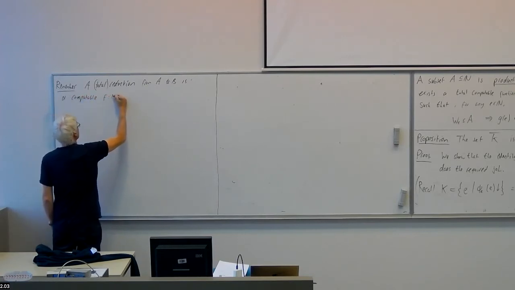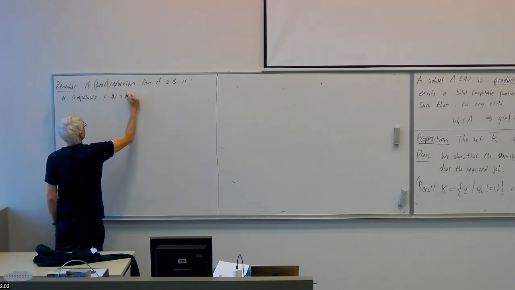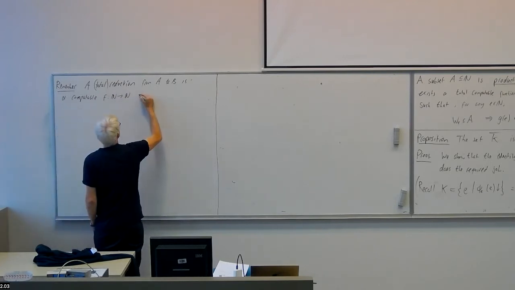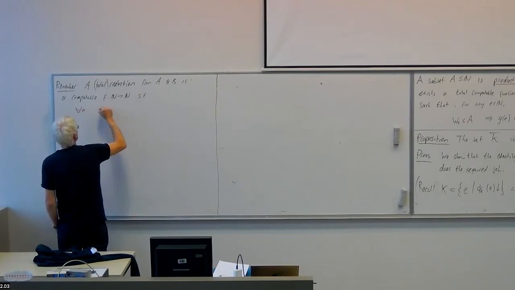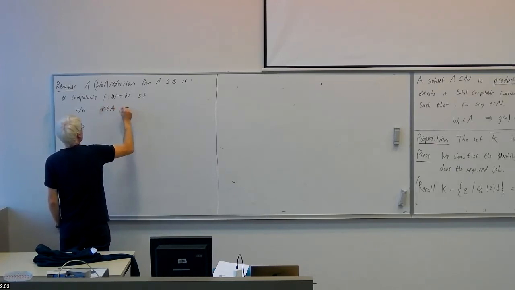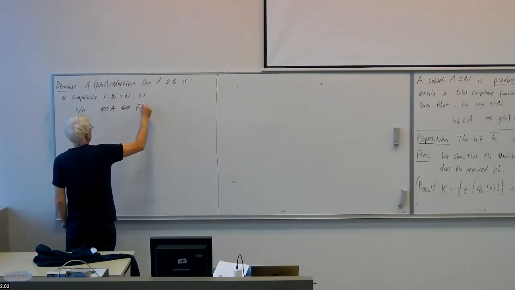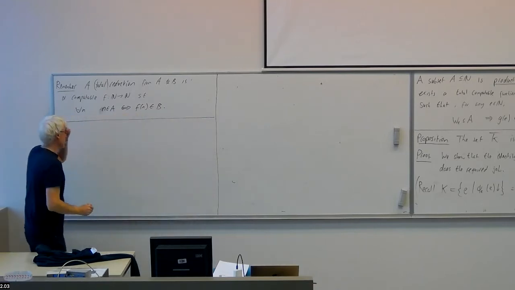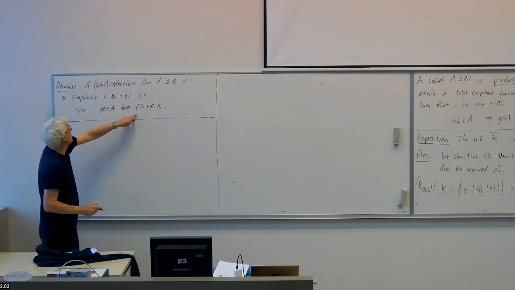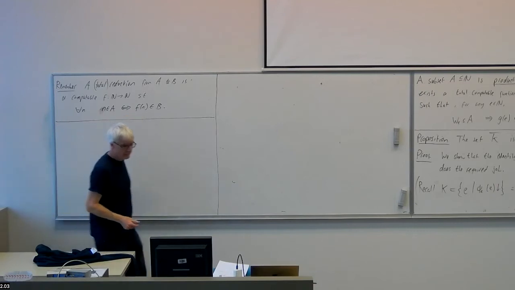I won't write the total, just write the total arrow, such that for all n, n belongs to A if and only if f of n belongs to B. So we can reduce questions about membership of A to questions about membership of B, using the total function f.